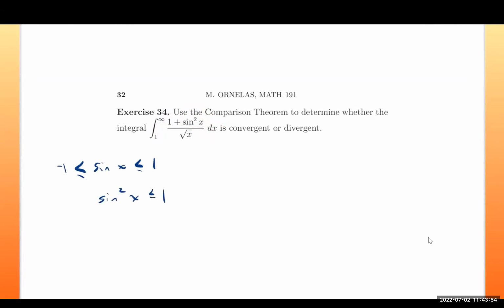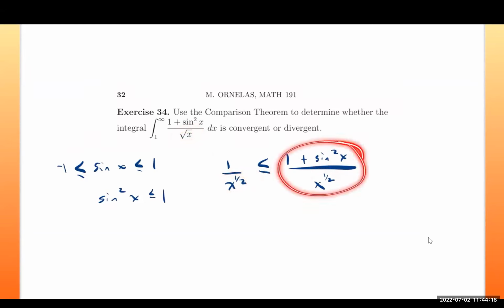So 1 over x to the 1/2 will be less than or equal to 1 plus sine squared of x over x to the 1/2, because this is a positive number, and if you add a positive number to 1, it's going to be bigger than 1, or equal to if this is 0, and the denominator is the same.